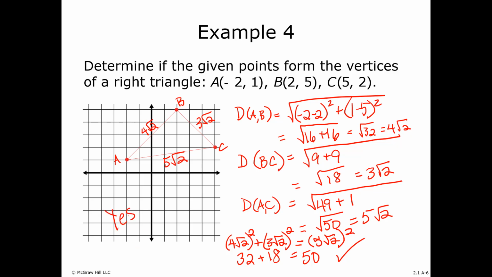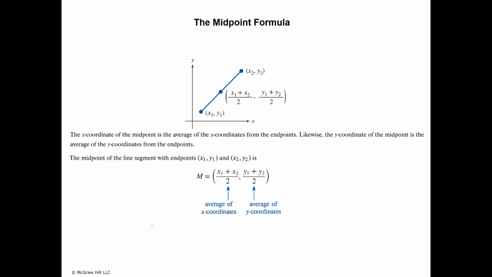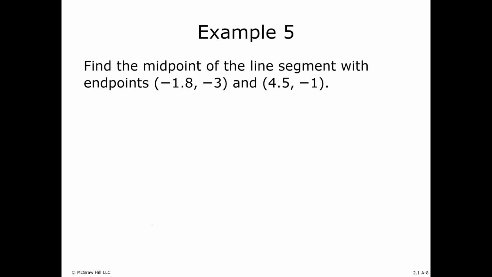Okay, the midpoint formula. To find the midpoint of any segment, all you have to do is take the average of the x's and the average of the y's, and that will be the midpoint. So it's pretty simple. Find the midpoint of the line segment with endpoints negative 1.8, negative 3, and 4.5, negative 1.